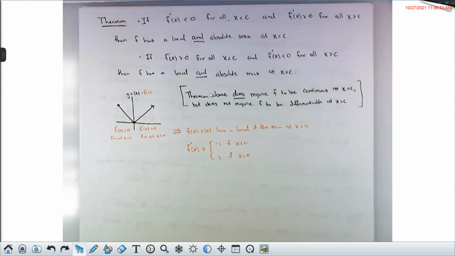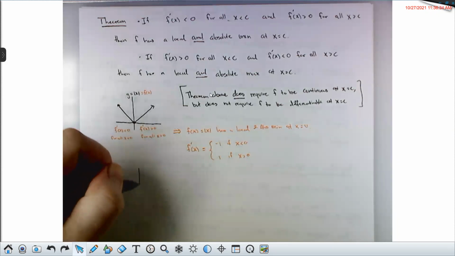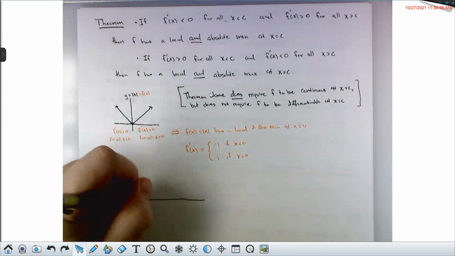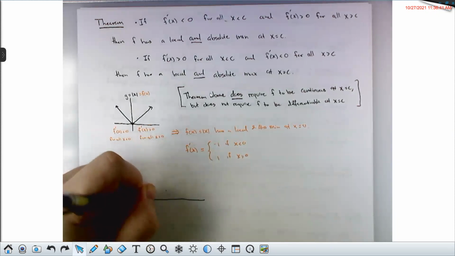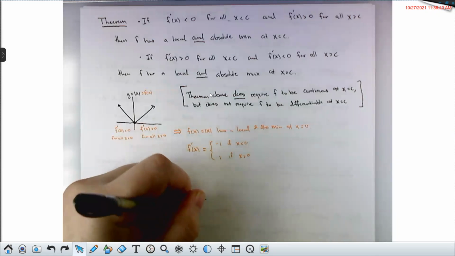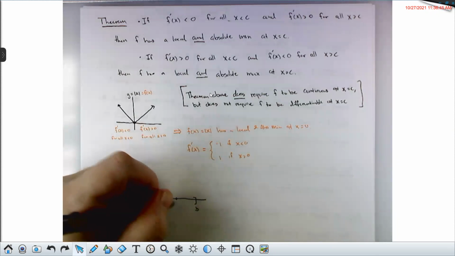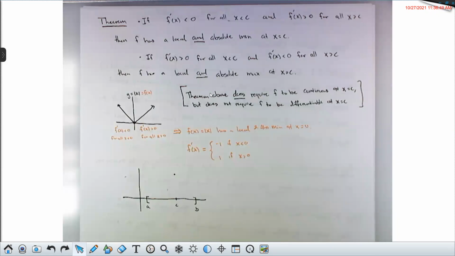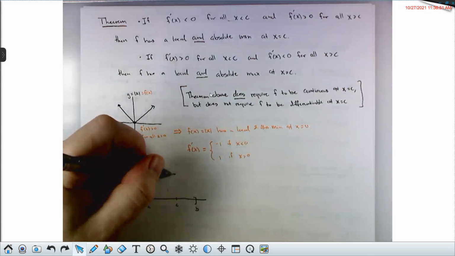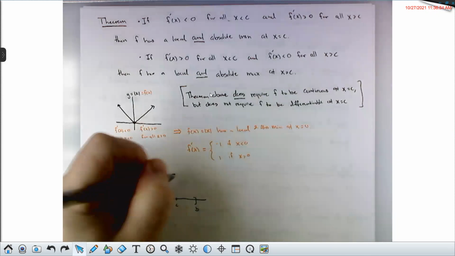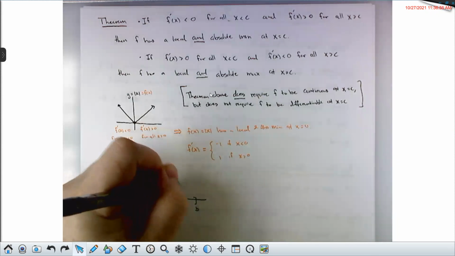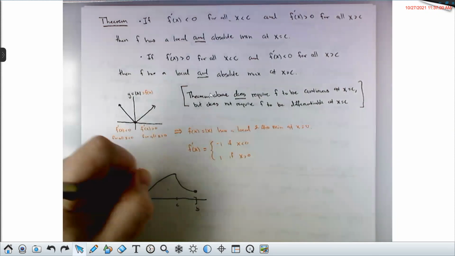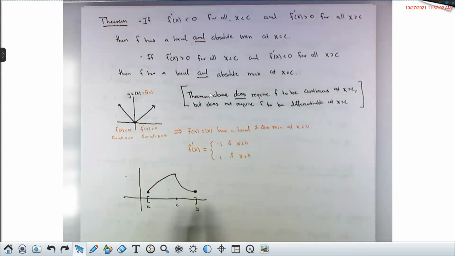Maybe another picture here. Let's look at a picture where the domain of my function is a closed interval. Let me say my domain is just a to b, like this, and maybe c is in here somewhere like this. If I'm increasing everywhere to the left and decreasing everywhere to the right, no matter how that's going on, I'm not interested in what's going on at the endpoints.